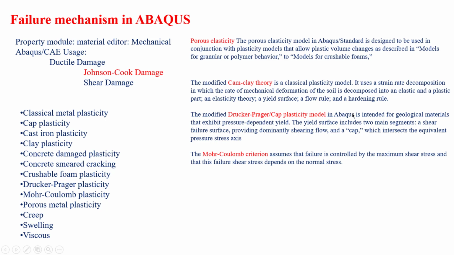Drucker-Prager is again used for the same thing, to deal with different types of concrete and soil elements. The Mohr-Coulomb criterion assumes the failure is controlled by the maximum shear stress, and this shear stress depends on the normal stress we apply. Okay, so this is with respect to Abaqus.